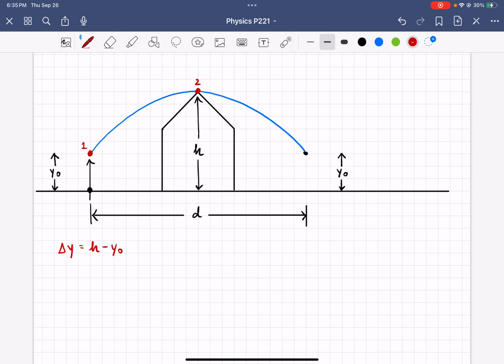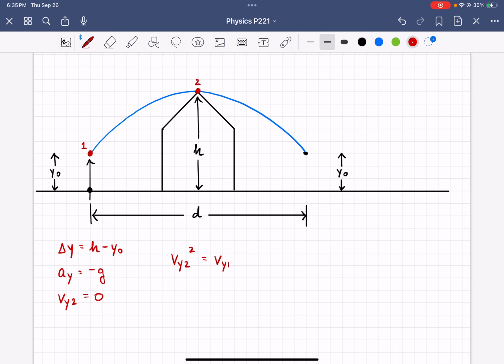So I can use this to figure out what the velocity in the y direction must be at point 1. The equation there would be the velocity of y at point 2 squared is equal to the square of the y velocity at point 1 plus 2 times the acceleration in the y direction multiplied by the displacement in the y direction.